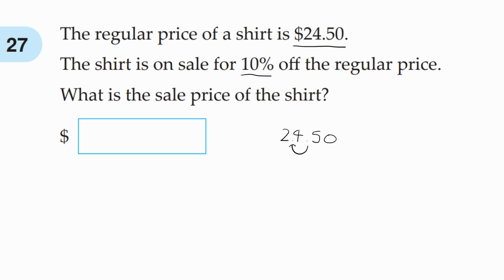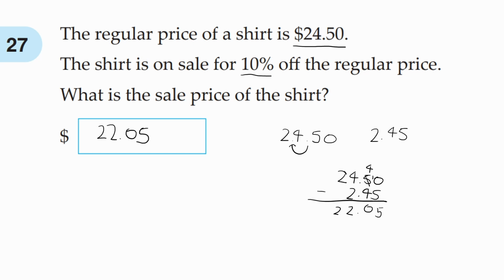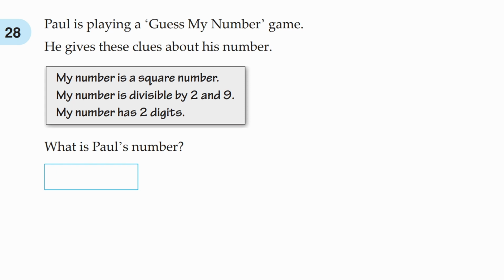So, 10% of 24.50 is 2.45. Now, we need to subtract that from 24.50 because it's not asking what is 10%. It's asking what is the actual price of the shirt now. So, if we subtract that, we get $22.05. So the answer is $22.05.